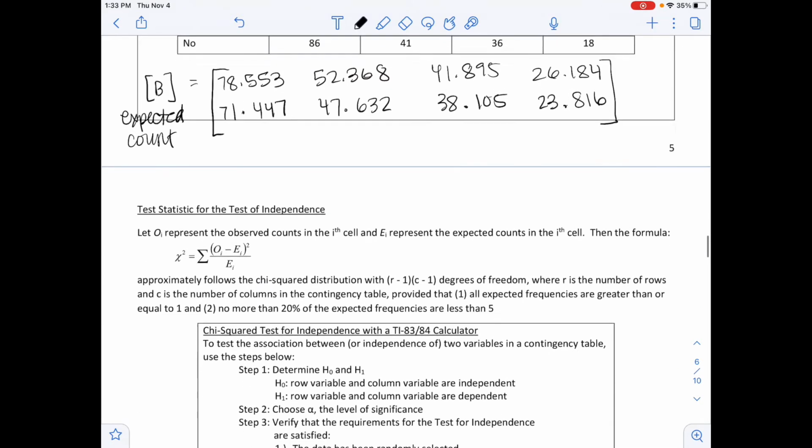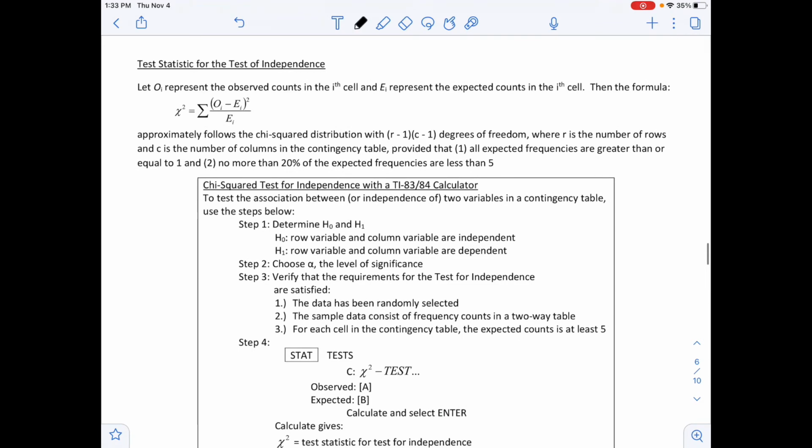So on the next page, we have the test statistic for a test for independence. Again, it's going to be our chi-squared, and we discussed this in the last section with O representing observed counts and E representing the expected counts. And you would subtract expected and observed and square it, and then divide it by the expected, and then sum them up, and that's going to give you your chi-squared test statistic.